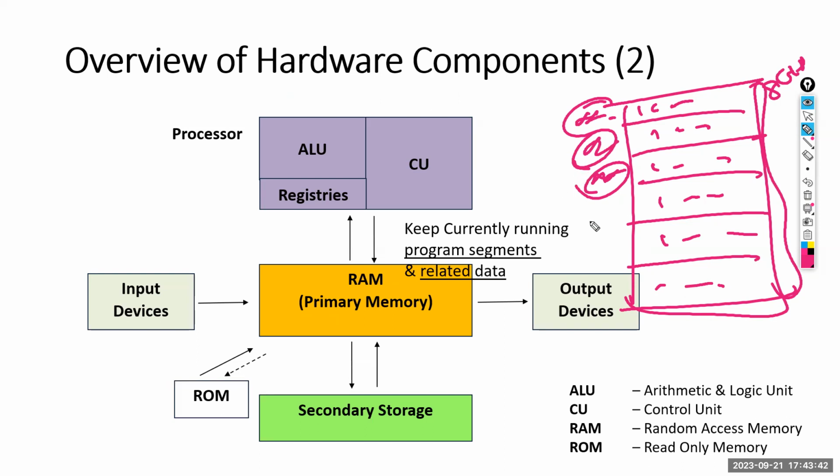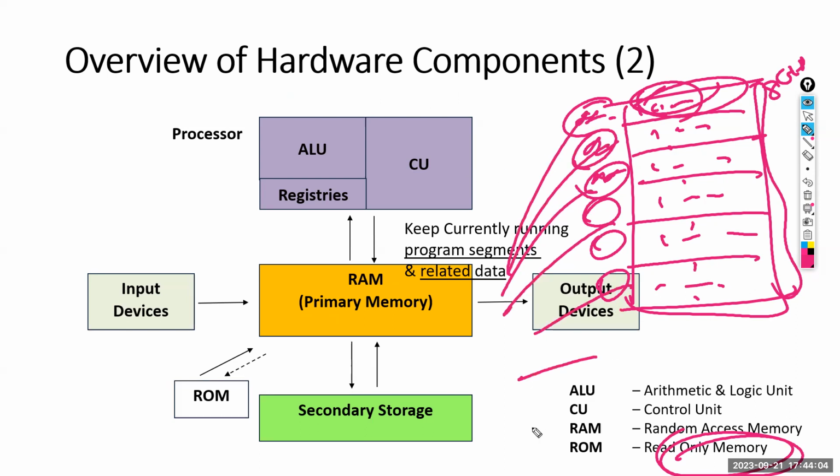The access time to access any memory location is the same. There's nothing like this memory location can be accessed faster while those at the bottom are accessed slower. So in memory, any memory location can be accessed at the same time.